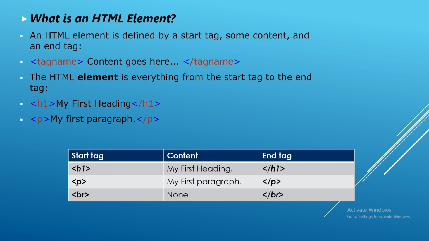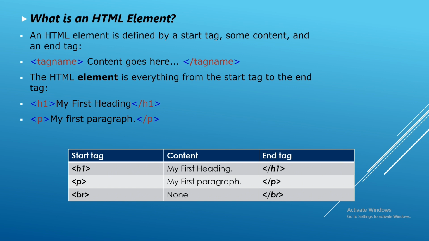So the start tag is this tag name, and in the end we have an end tag, and in between the start tag and end tag we have the content. So this is how an element looks like. An element in the code we call an HTML tag.